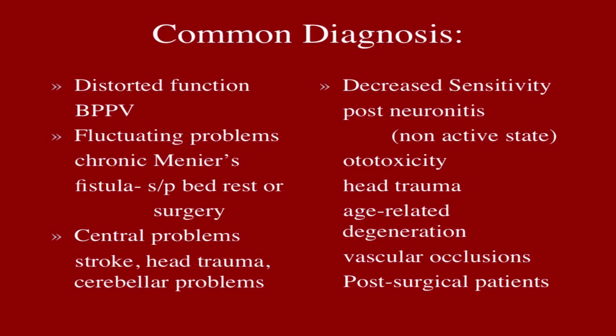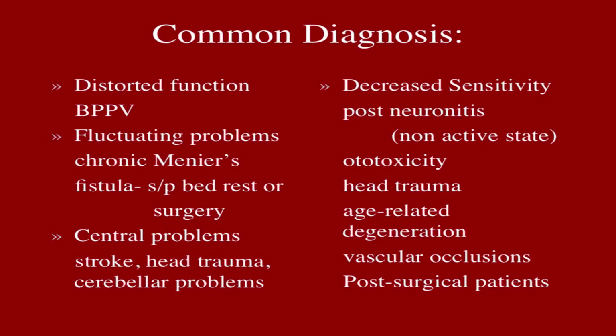Fluctuating problems, in this I gave this example, Meniere's, or a perilymph fistula it's called, and so they're on bed rest due to that. Or central problems, remember in the brain that I talked about, so stroke, head trauma, problems at the cerebellum. Decreased sensitivity, so a post-neuronitis. All that means is itis is just inflammation.